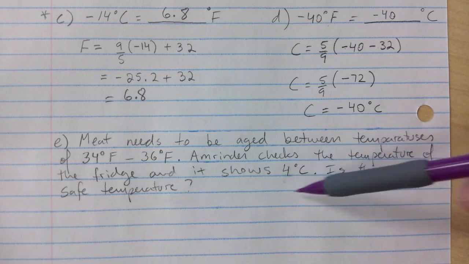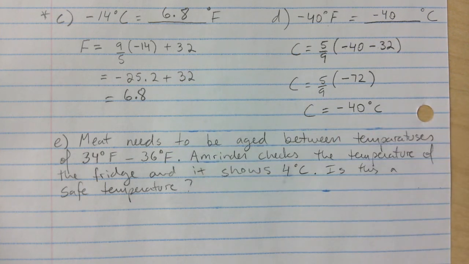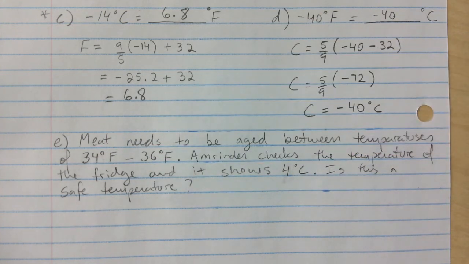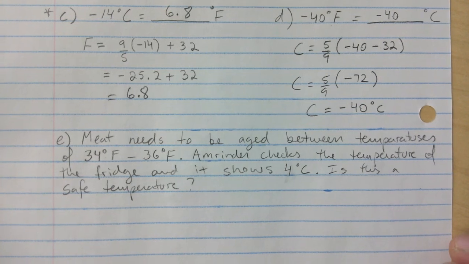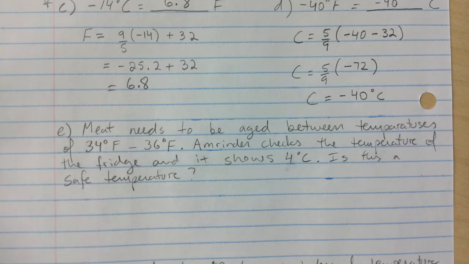You can convert the 4 Celsius to Fahrenheit and then see if it fits between the limits, or you convert each of the limits to Celsius, which is obviously a lot more work. We're going to convert the Celsius to Fahrenheit, so let's go ahead and do that. Some of you are still writing it down, so go ahead and finish writing it, and then maybe even give it a try. All right.